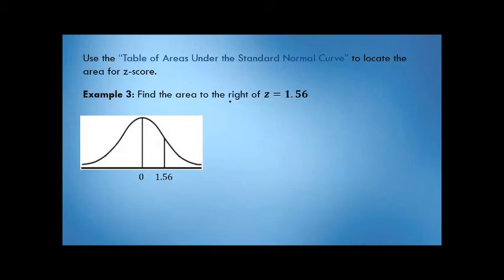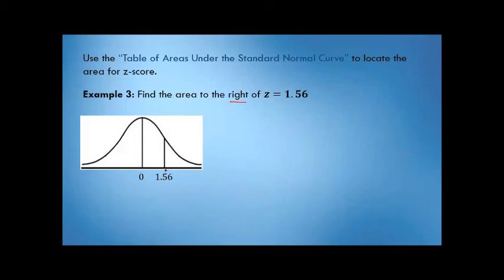So, ibig sabihin, kailangan i-locate muna natin itong 1.56 sa ating normal curve. Again, hindi mawawala yung z-score na 0 kasi yun yung mean. So, doon nagmumula yung area. Okay? Next, idadagdag lang natin itong 1.56. Dahil mas mataas ang 1.56 sa 0, so nasa bandang kanan niya. Kaya, estimate na natin na nandito yung z-score na 1.56.